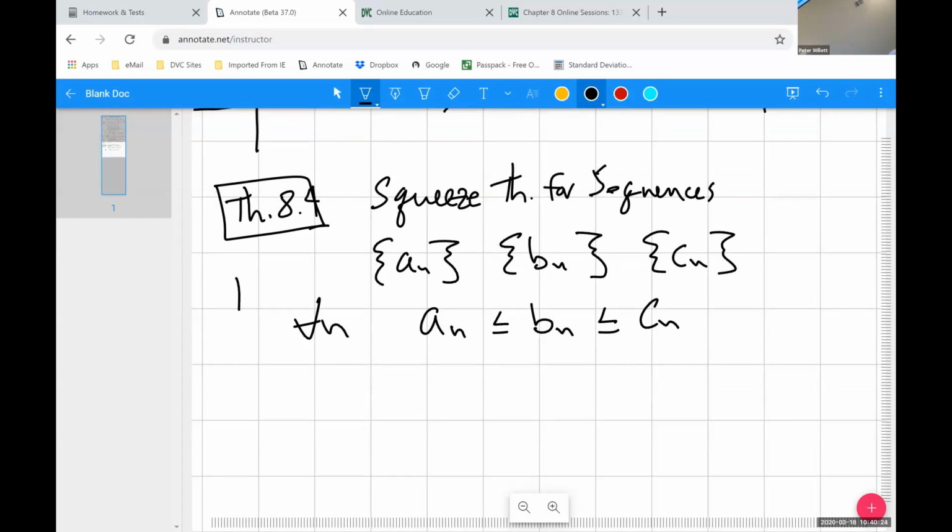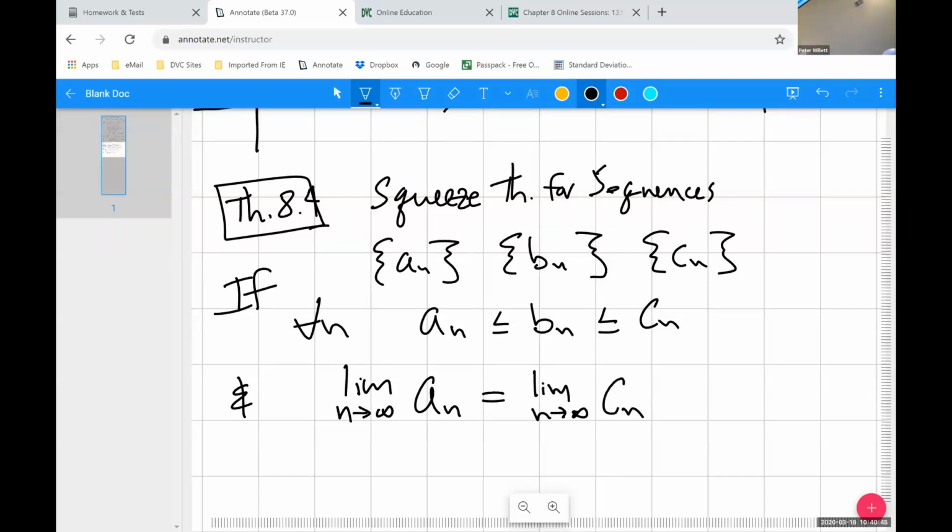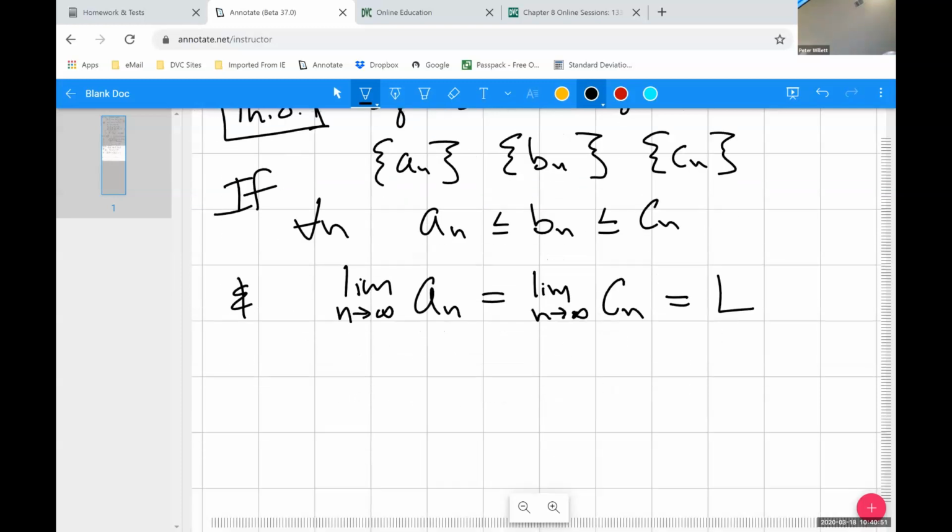So if this is the case, and in addition to that, you have a limiting value for a and c, the limit as n tends to infinity of a sub n, and the limit as n tends to infinity of c sub n, they both have a limiting value of L. So the a values are all less than b.